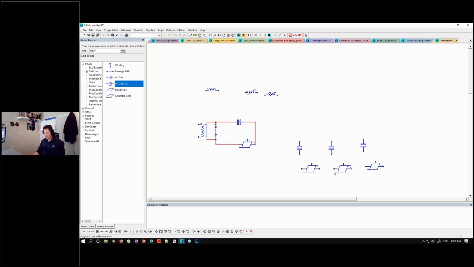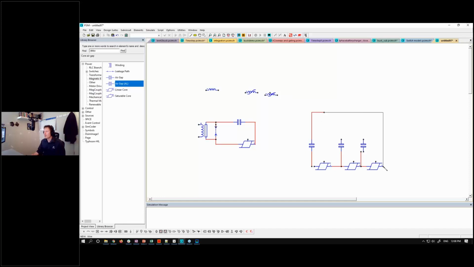So here's an E-core with an air gap in each leg.